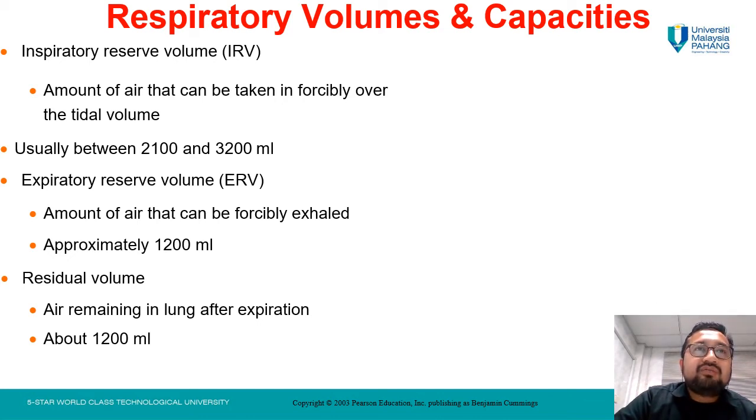Inspiratory reserve volume is the amount of air that can be taken in forcibly over the tidal volume, usually between 2.1 and 3.2 liters. Expiratory reserve volume is the amount of air that can be forcibly exhaled, approximately 1.2 liters. The keyword here is forcibly.